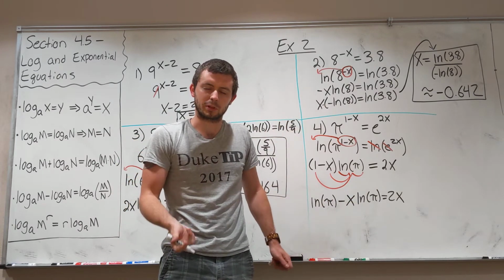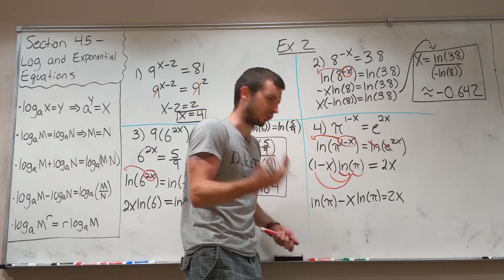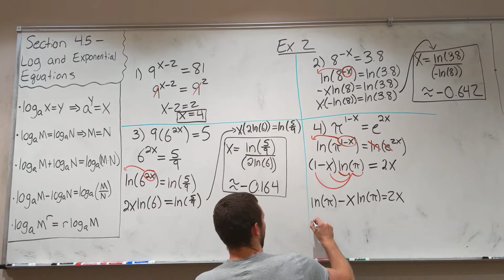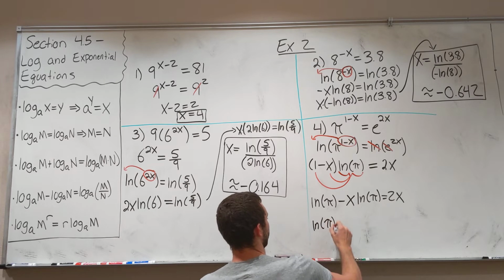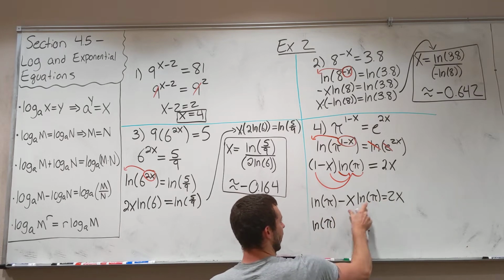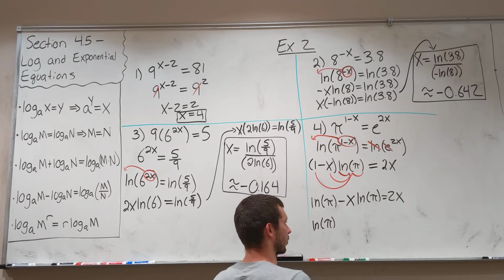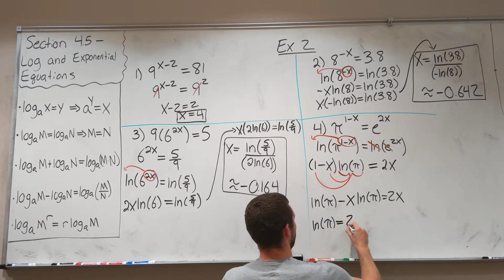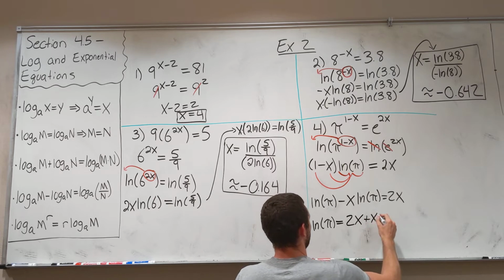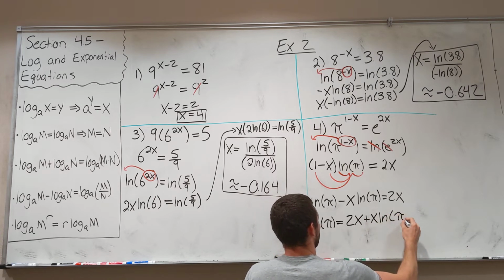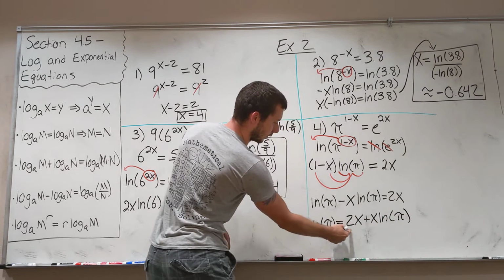If you don't remember why we do this, you will see momentarily. So all we're doing is adding this term on both sides. We're bringing this term over because we want all the x terms on the same side. So just like this.